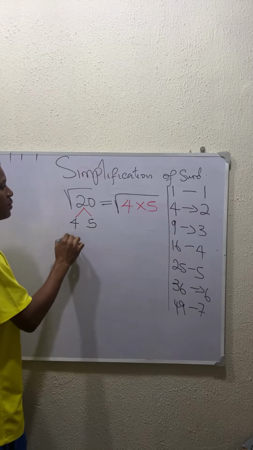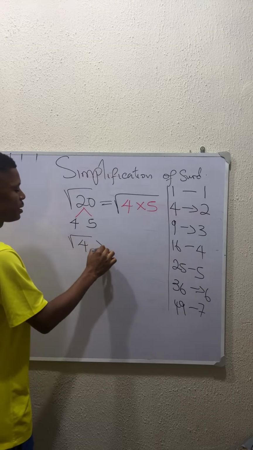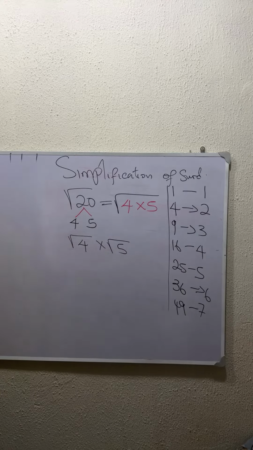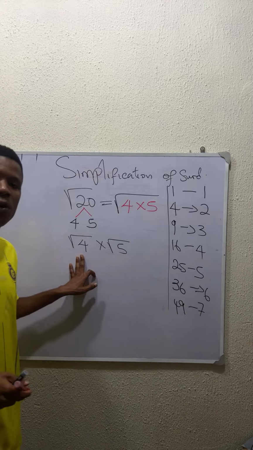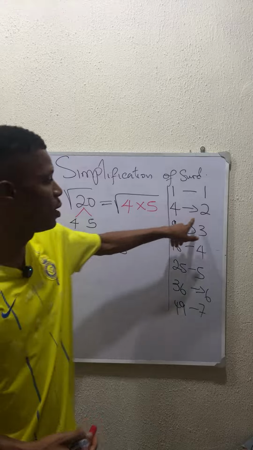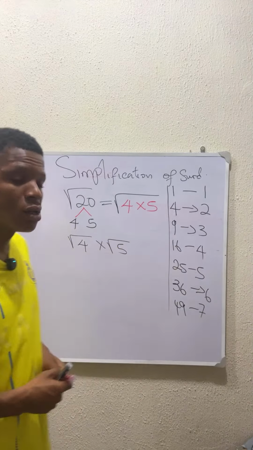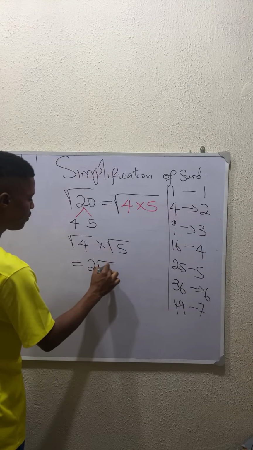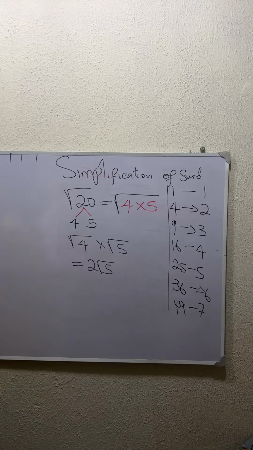So this gives you the square root of 4 times the square root of 5. The square root of 4 is a perfect square and it gives 2. So you have 2 root 5, and 2 root 5 is the answer when you simplify the surd to its lowest term.